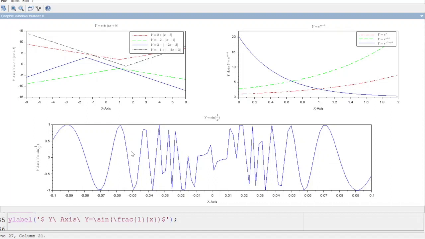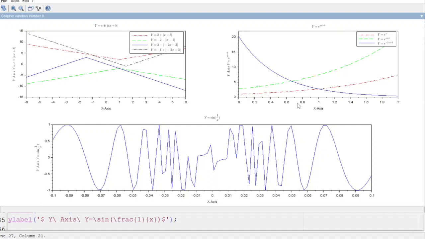Now this plot is at the 2 2 2 position. So here is our exponential. Three curves are plotted here: y is equal to e to the power x, y is equal to e to the power x plus 1, y is equal to e to the power minus 2x plus 3.